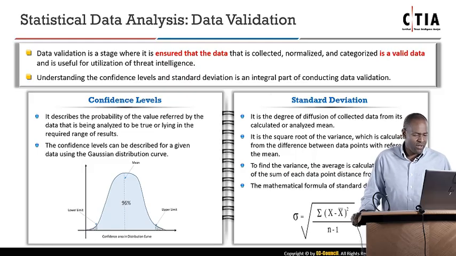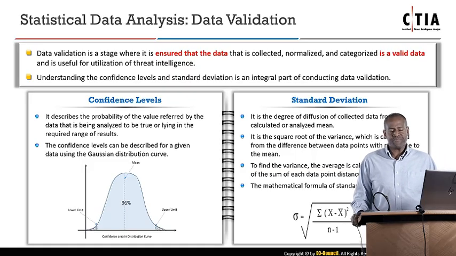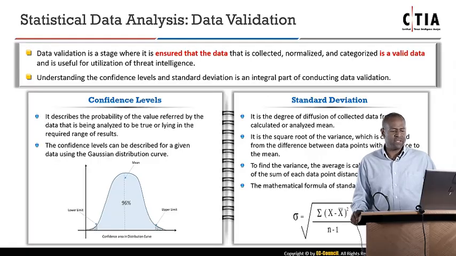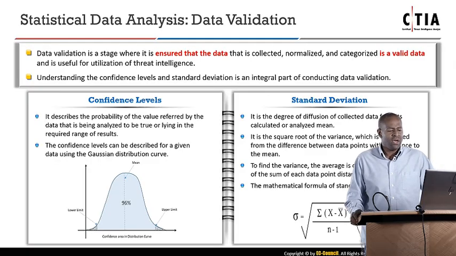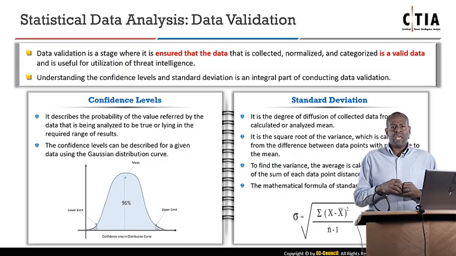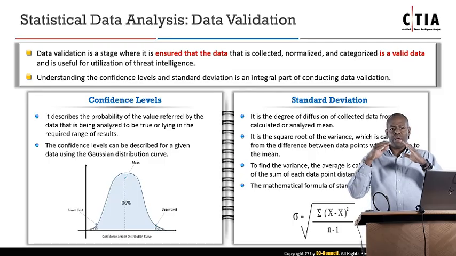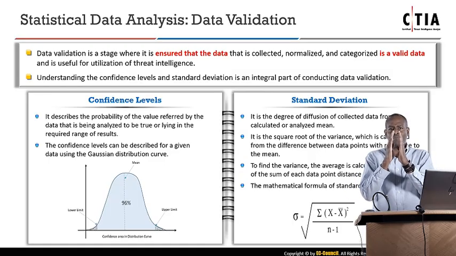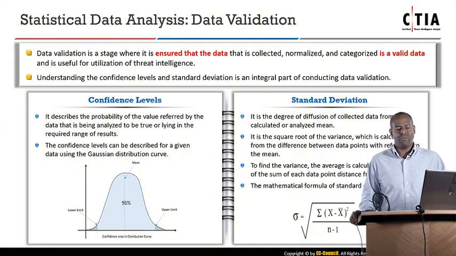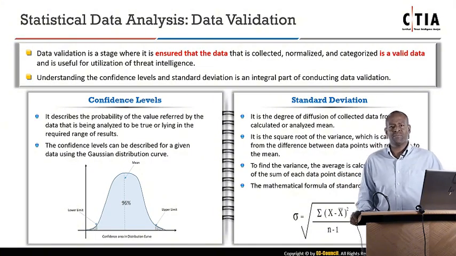We talked about that before for confidence intervals. And that bell curve gives us an idea of the distribution of elements. So the idea of a standard deviation is how that data is diffused. If we have a bell curve that's really narrow, we have a very small standard deviation. If we have a bell curve that's really wide, it's a very wide standard deviation.